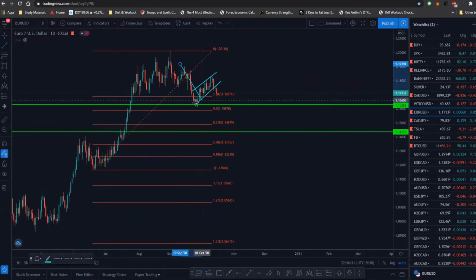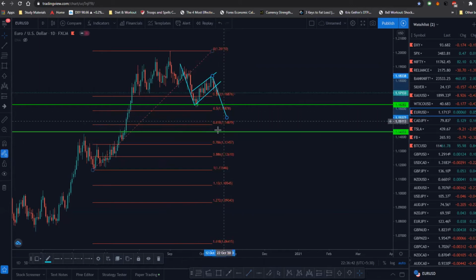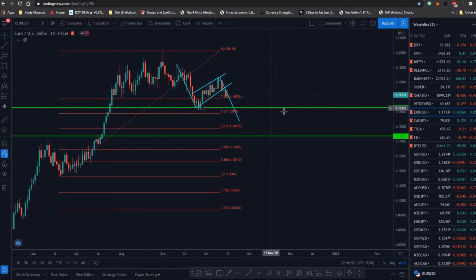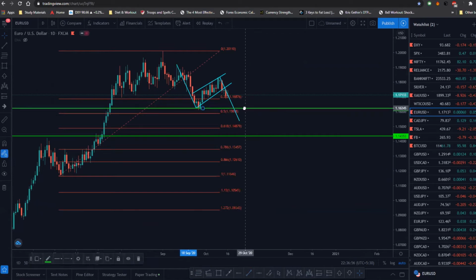Let's clone that. Yeah, we have almost tested near the 618. So it can go below this level as well, but for now what I'm going to target is this green line. That is the support level which is over here. So that is my main target.